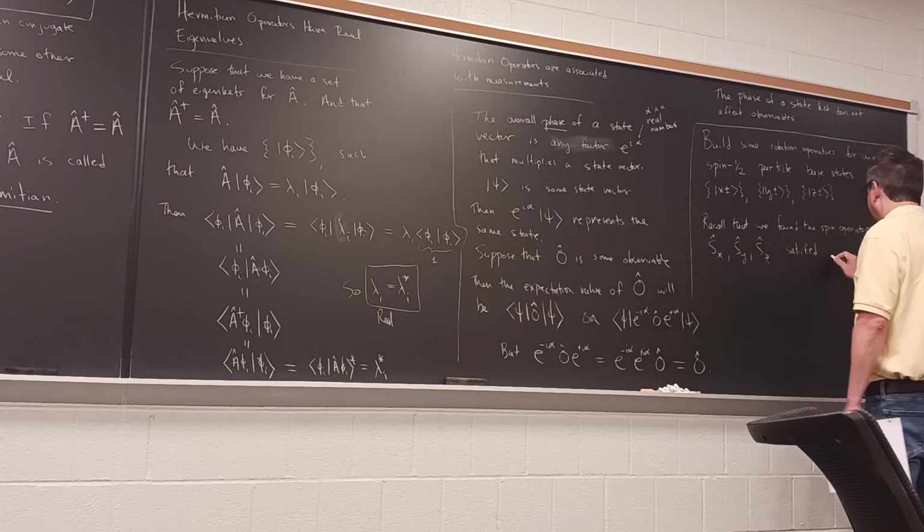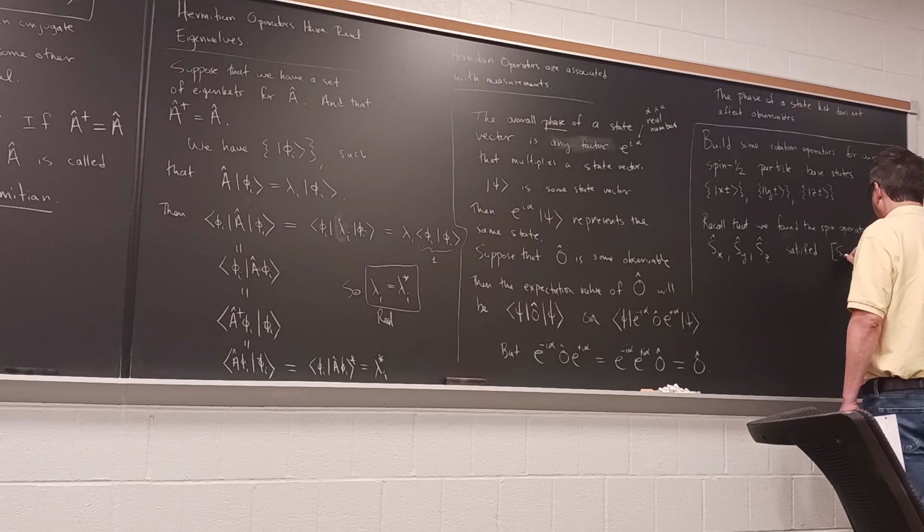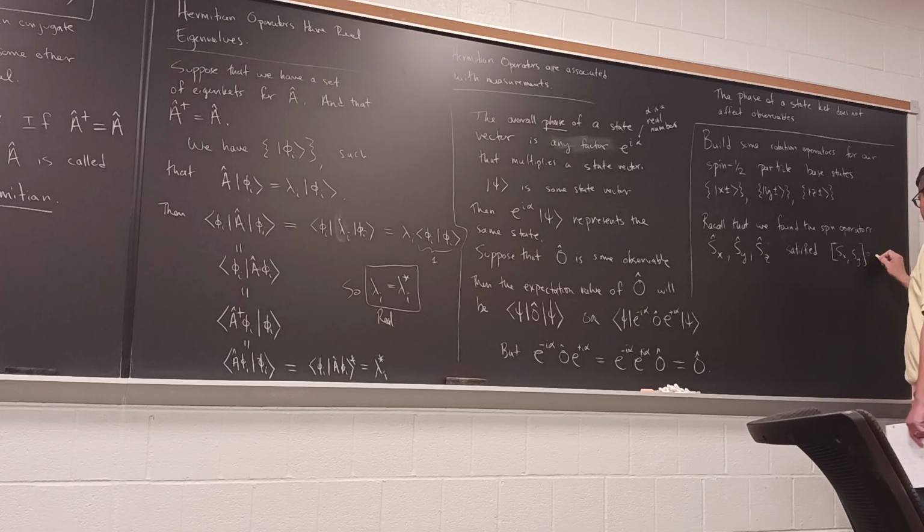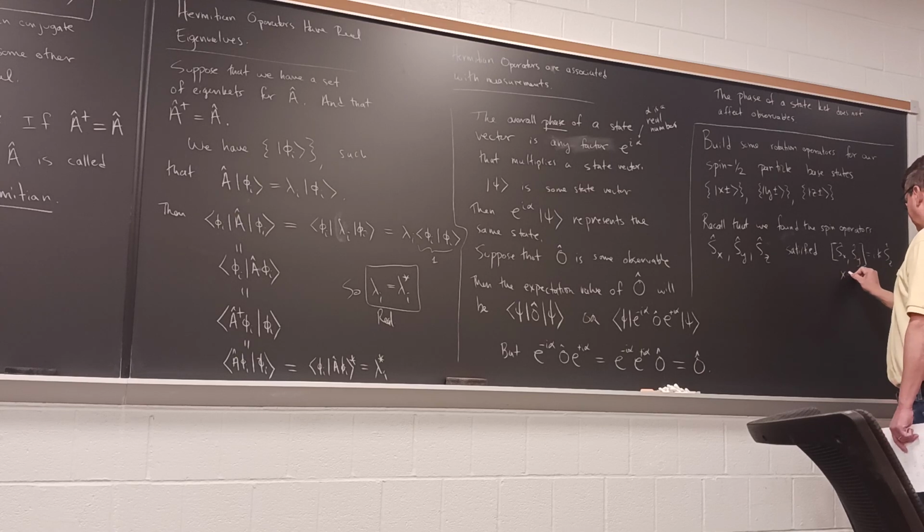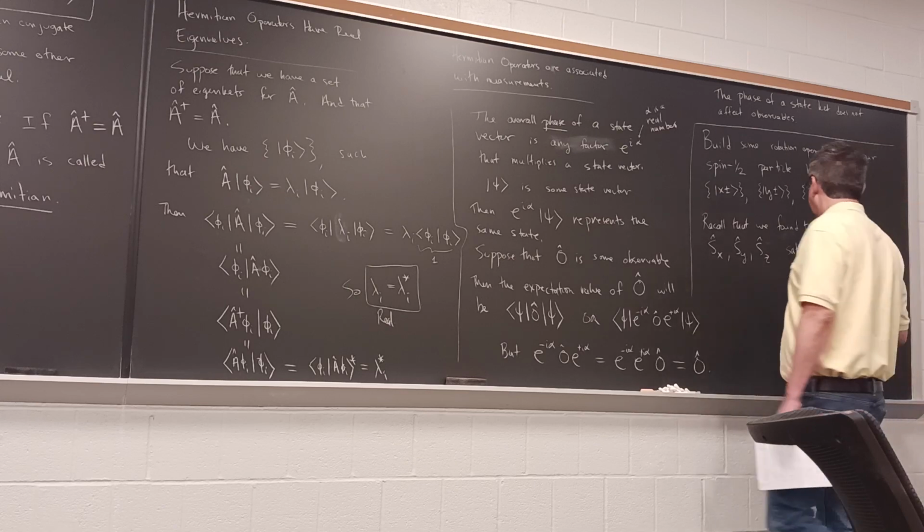That they satisfied this relationship, Sx, Sy was equal to I h bar Sz. And then if you just cycle x, y, and z in this order, then you have the 3 relationships.